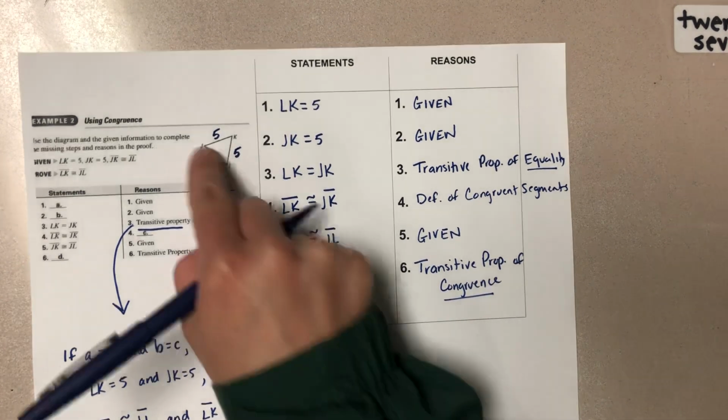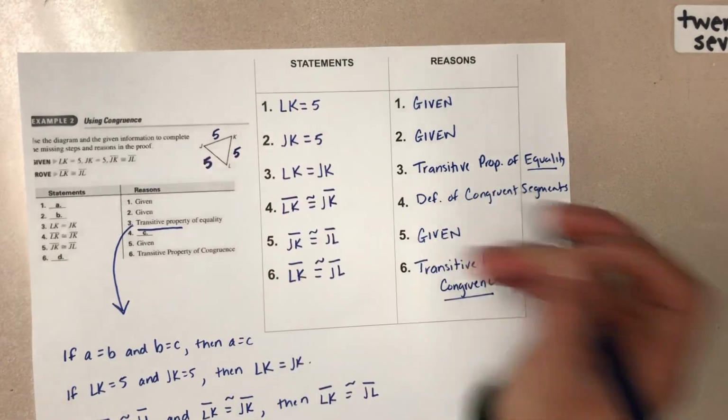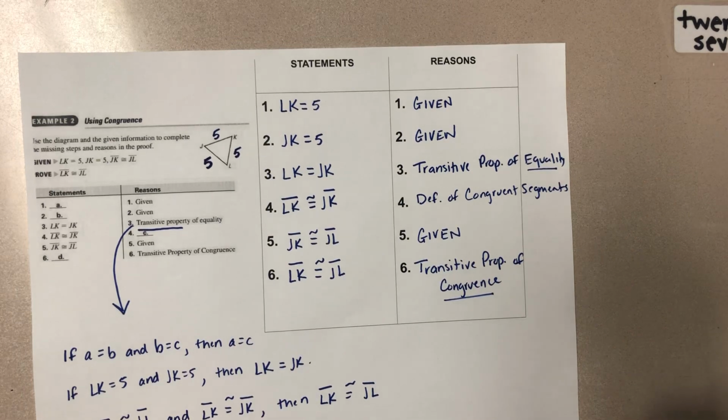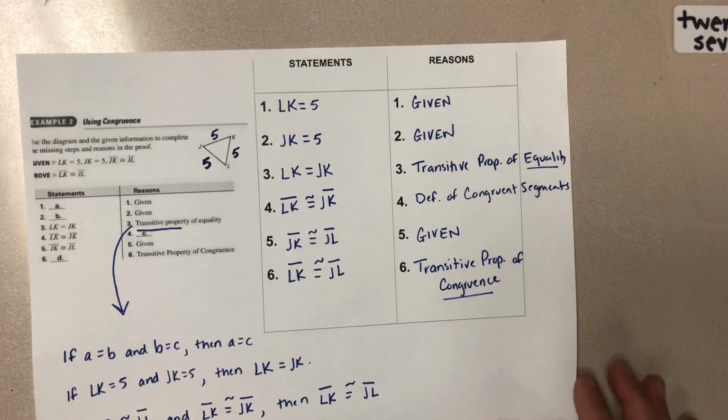Okay, so that's where we get the JL here, our final piece of information, which we can label that 5. So all sides of the triangle are congruent using the transitive property of congruence.